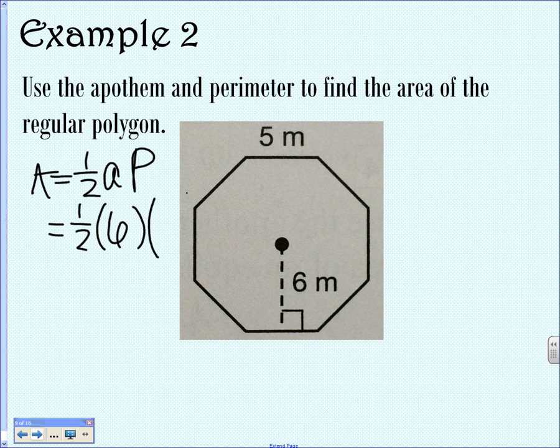What is our perimeter? 40, because 8 sides, they're each 5. Okay, so what would be our area? Y'all see how that works?